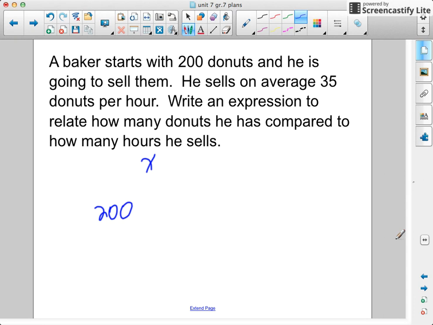So if I did 35 times however many hours he sells, I find out how many he sold, but I want to know how many he has left. So I'm going to subtract 35 times however many hours he sells. And that will show how many donuts he has left compared to how many hours he sold donuts for.